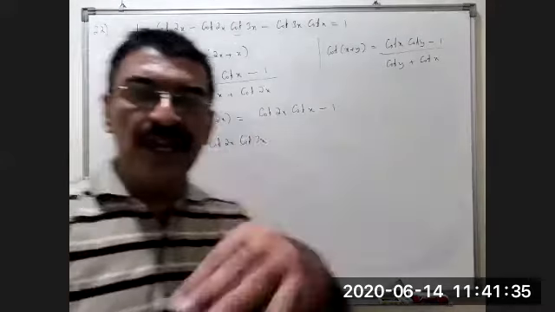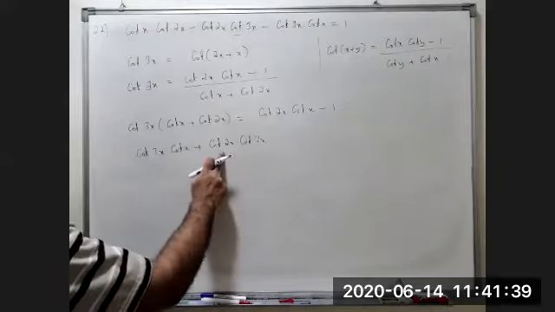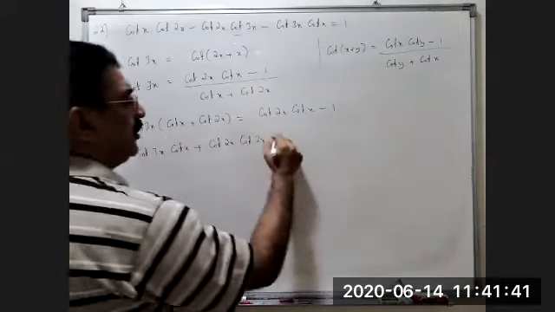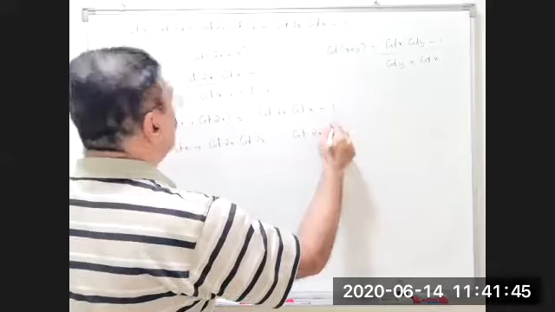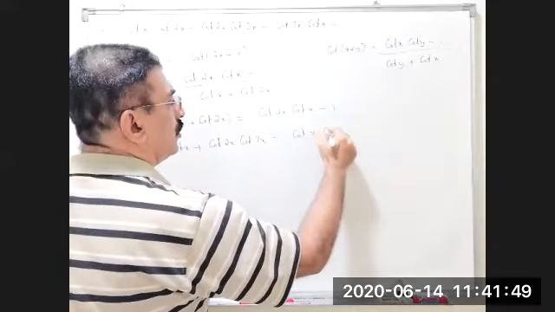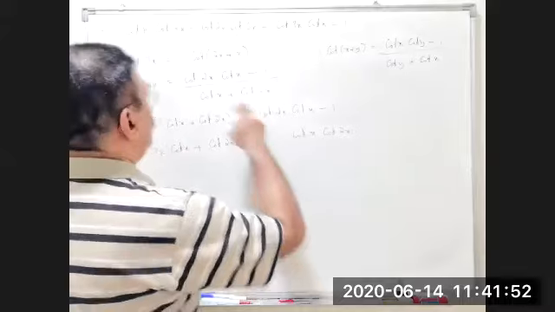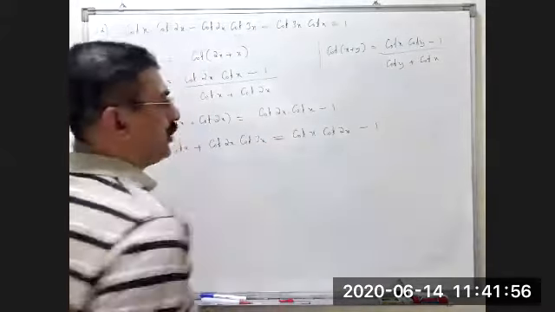If you write A into B or B into A, it is the same thing. Is equal to cot 2x cot x, which I am writing as cot x cot 2x, minus 1. Now see the question.